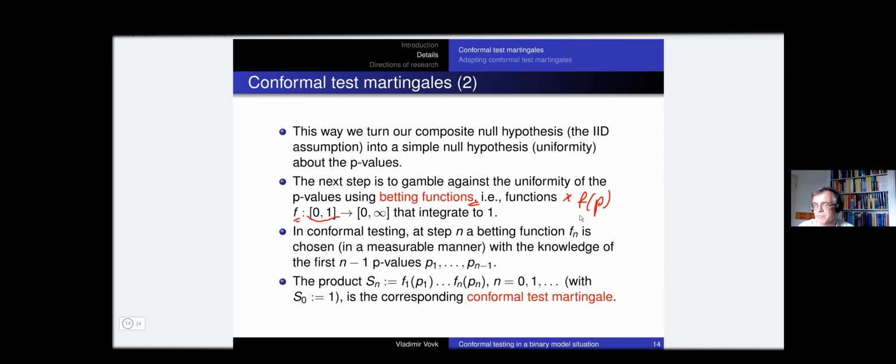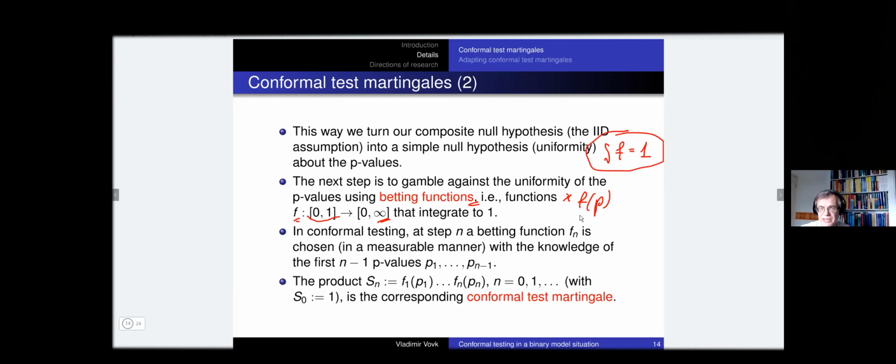F is non-negative. It can be infinite, by the way, but here it's not very important in practice. In order for it to be fair, the integral of f should be equal to 1. It's the only restriction.